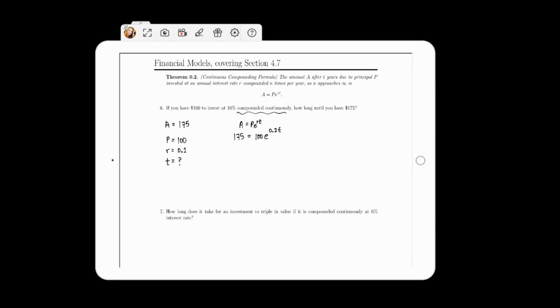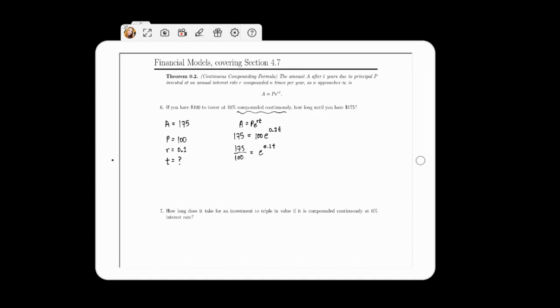Now this looks like one of the problems from section 4.6, and this is why we had to learn how to solve exponential equations. All right, I'll prefer to divide both sides by 100. So then I have 175 divided by 100 equals e to the 0.1t. And now t is stuck up in the exponent, so I need to use a log to get rid of it.